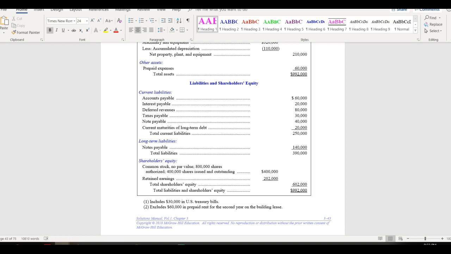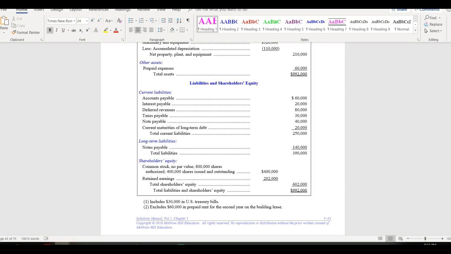our deferred revenues of $80,000, taxes payable of $30,000, notes payable of $40,000, current maturities of long-term debt $20,000, for our total current liabilities of $250,000. Our long-term notes payable would be the $140,000, for our total liabilities of $390,000.